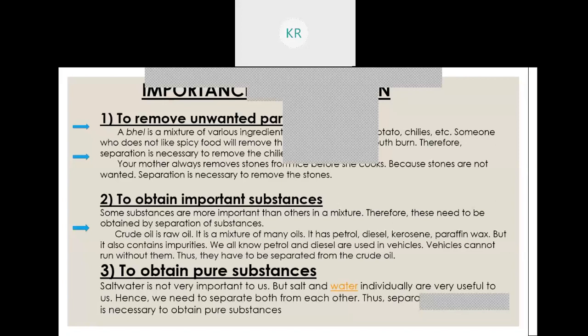How is the salt separated from the sea? By the process of evaporation. So, this is a kind of separation process. So, here we have discussed the importance of separation, or why separation is needed: to remove unwanted particles, to obtain important substances, to obtain pure substances.